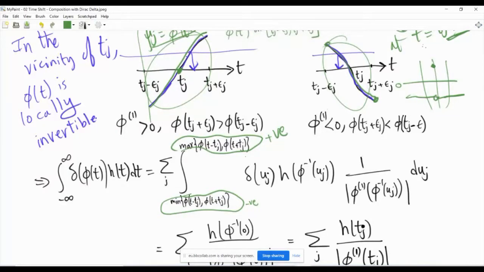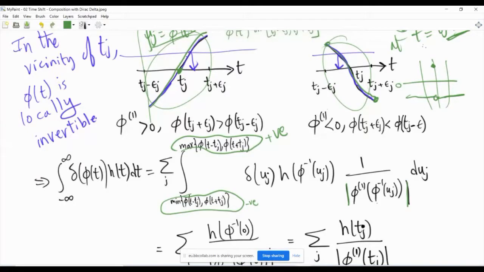What is the impact of this extra minus sign when the derivative is negative? We can combine this negative sign with the negative derivative and just use the absolute value of the derivative. So if the derivative is positive, we are good. If the derivative is negative, it's multiplied by a minus.